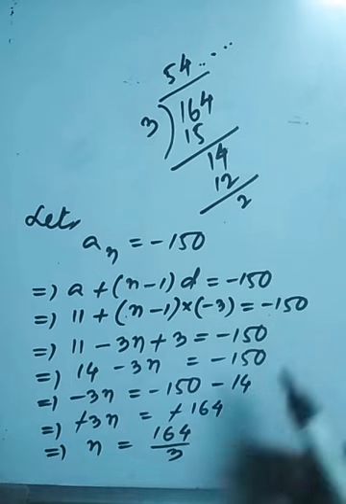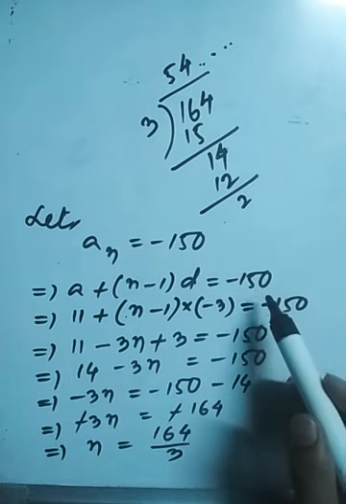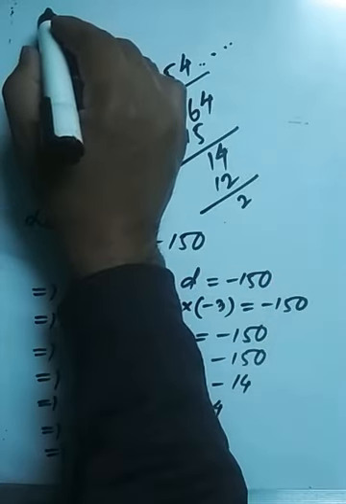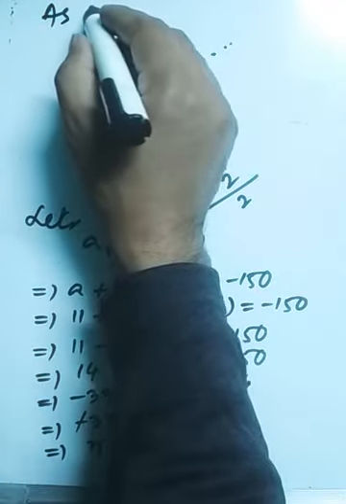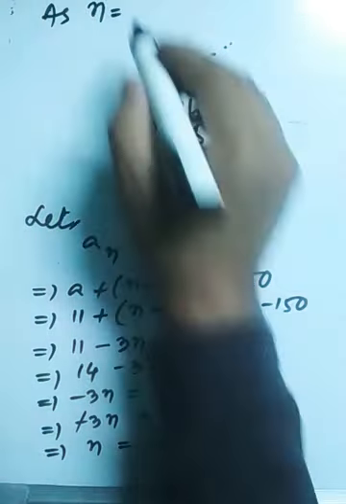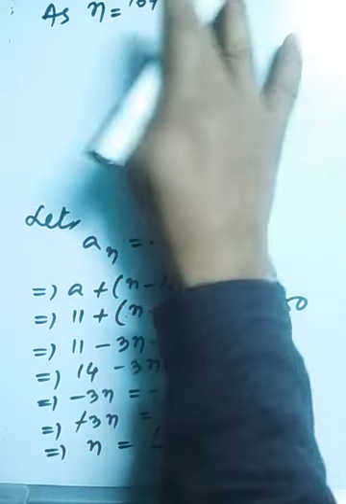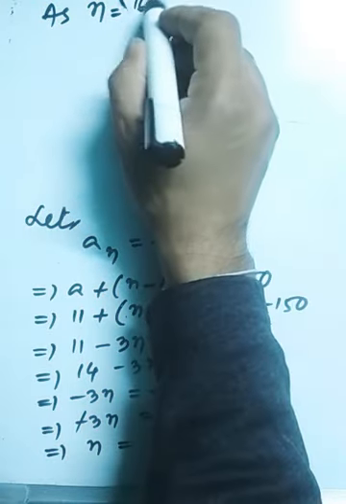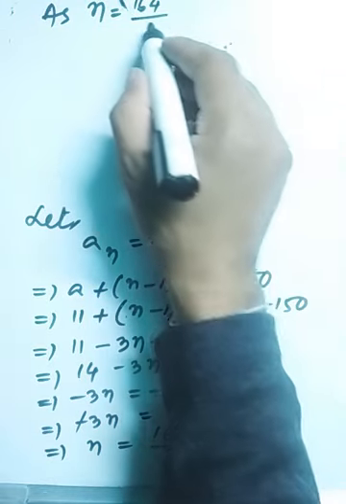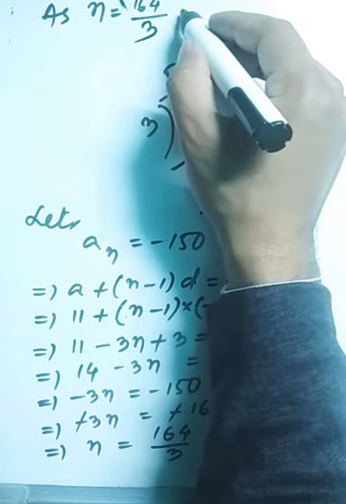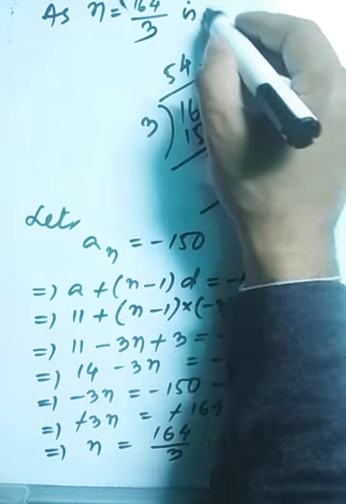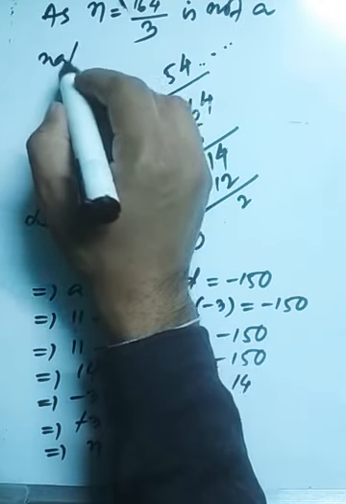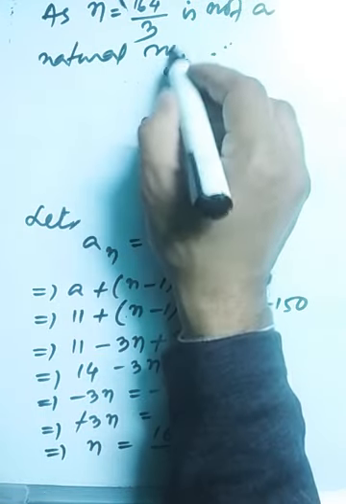It means that this minus 150 is not a term of the AP. So we'll write the conclusion here. Is n equal to 164 by 3 is not a natural number.